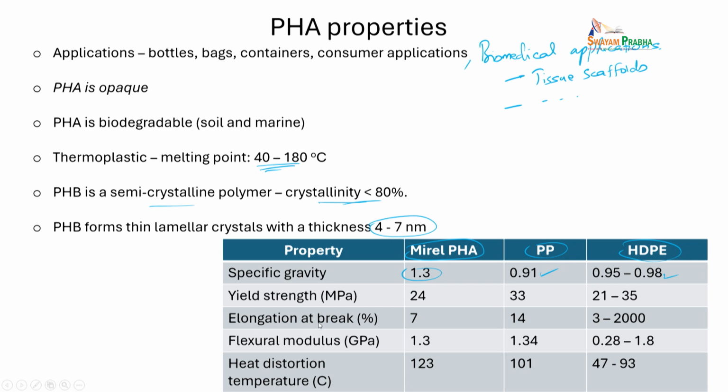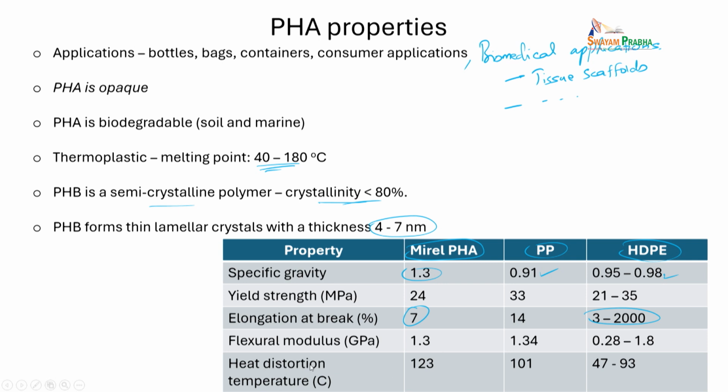But when it comes to elongation at break, this is only 7%, whereas HDPE can go all the way up to 1000 to 2000. So in elongation at break, it has a very brittle feature, whereas PP and HDPE have higher elongation at break. In terms of flexural modulus, PHA is as good as PP as well as HDPE.